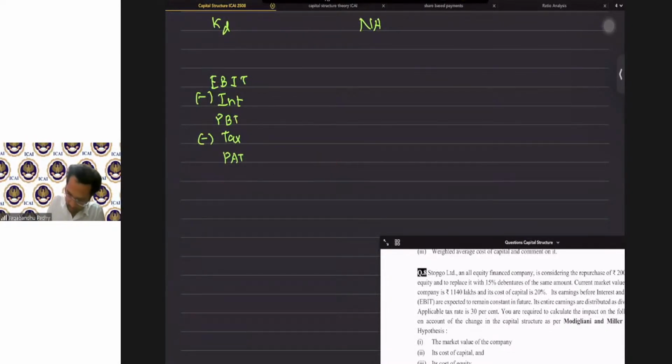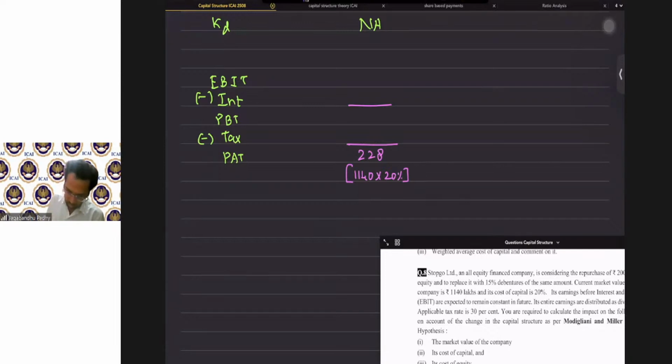So the PAT figure over here is going to be 1140 into 20%. So 1140 multiplied by 20% comes out to be 228. This is a profit after tax figure. We can get the tax and the PBT accordingly by doing a simple reverse calculation.